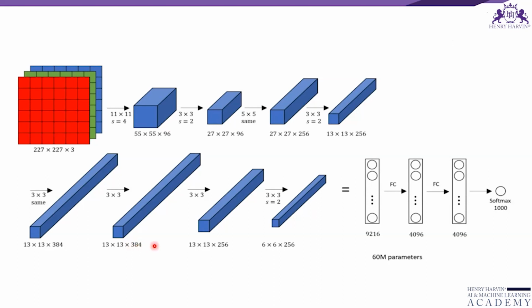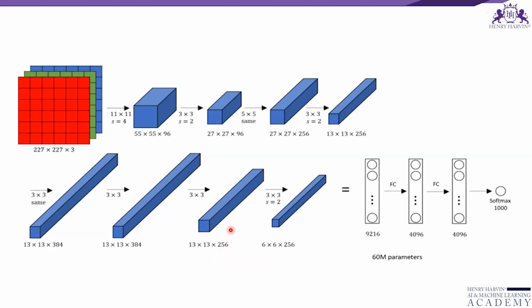Now the output of the second convolution is again passed through a convolution layer where kernel size is again 3 cross 3 and padding equal to 1, which means the output generates feature maps of size 13 cross 13. But in this case, AlexNet uses 256 kernels. So that means at the input of this convolution we have 384 channels, which now get converted into 256 channels, or we can say 256 feature maps are generated at the end of this convolution, and every feature map is of size 13 cross 13.